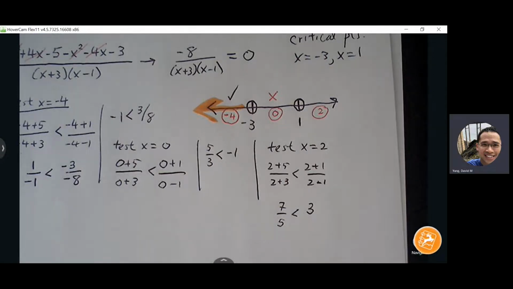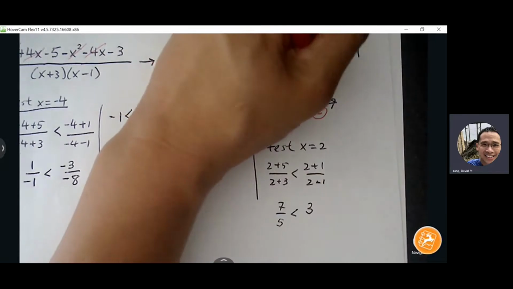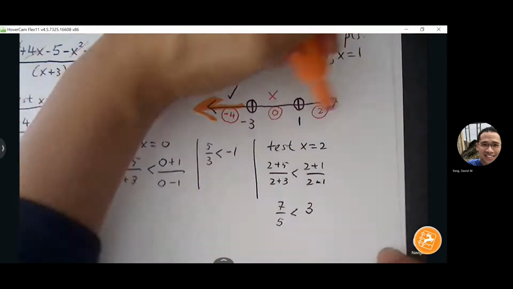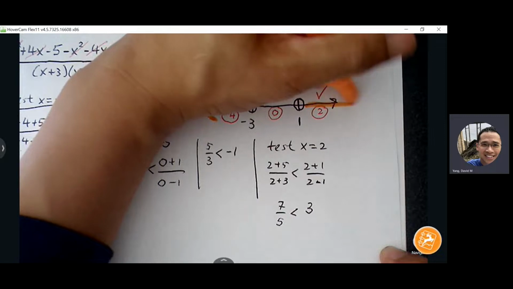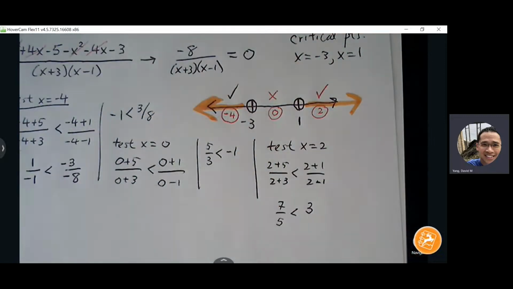Well, 7/5 is slightly greater than 1, but it's definitely less than 3. So that's a true statement. We're going to keep that third interval. So there we have it. We have our solution set. It's the left interval and the right interval, but not the middle one.